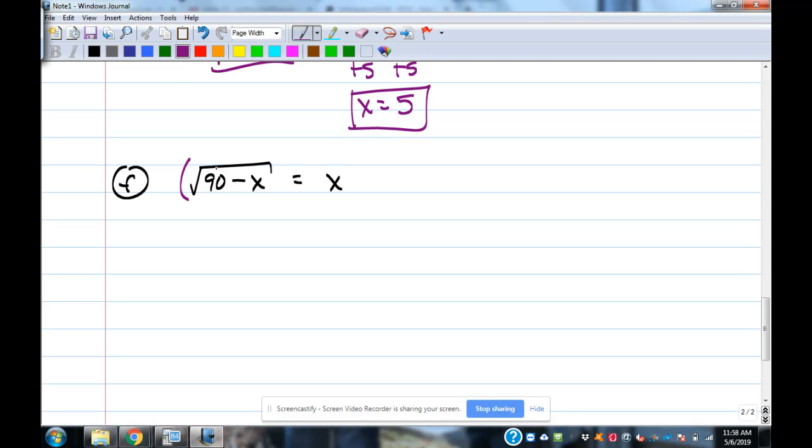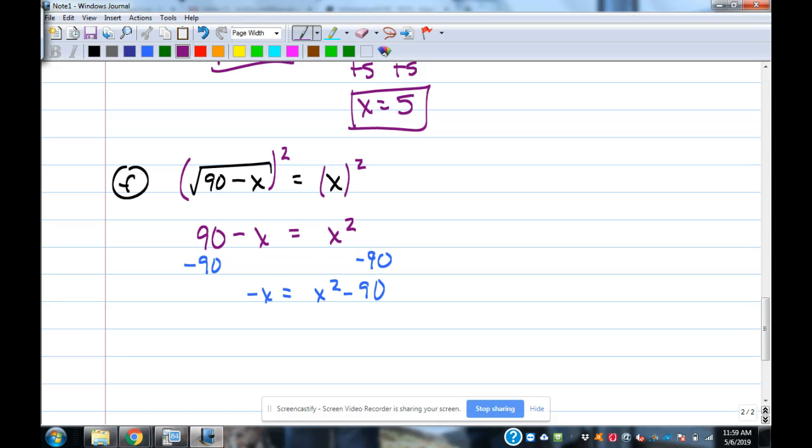I can square both sides because the square root's already by itself. So that'd give me 90 minus x on the left side, x squared on the right side. Anytime we have x squared in the problem, we need to get it equal to what? 0. So I'm going to move stuff around till I get 0 on one side. So I'm going to move the 90. It'd be negative x is equal to x squared minus 90.